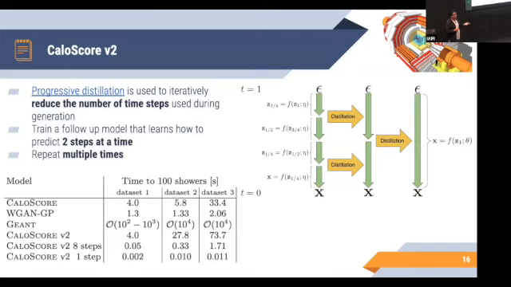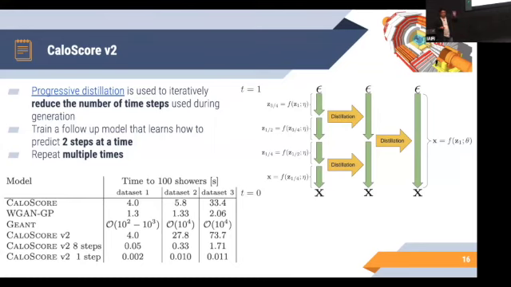And the other major change to the model is that I mentioned that we needed to use 100 steps in order to generate something that looks like our simulations, which is fine, but not very fast. But what if we try to do something extra? What if we try to train a distillation model? So we try to use this idea of progressive distillation, where you train your normal diffusion model as you normally do.